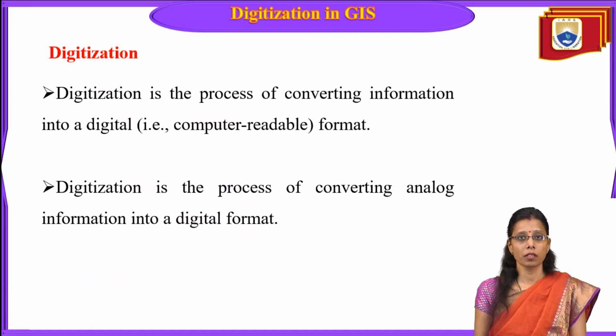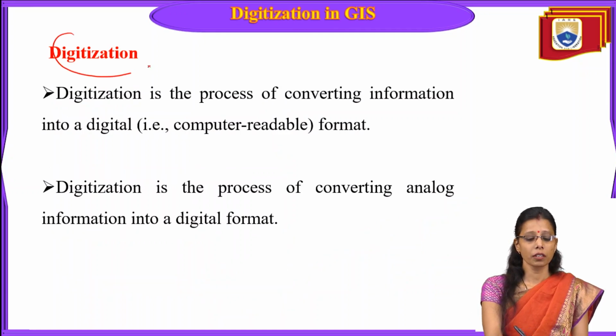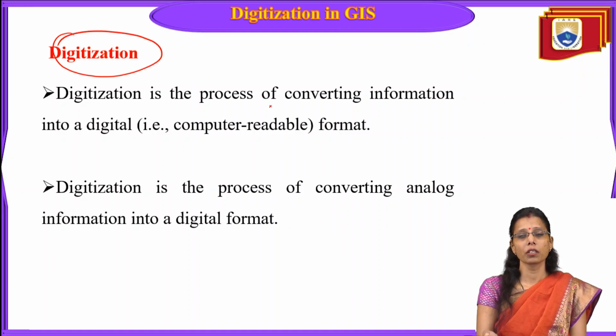So first of all, what is digitization? Digitization, as the word itself suggests, means converting normal information or paper map information to a digital format. Like if we have a paper map, a printout of a map, or a photo of any area, all of that is in paper format. If you want to convert it to digital format, we convert that information either through scanning or by directly clicking a photo of that image or map.